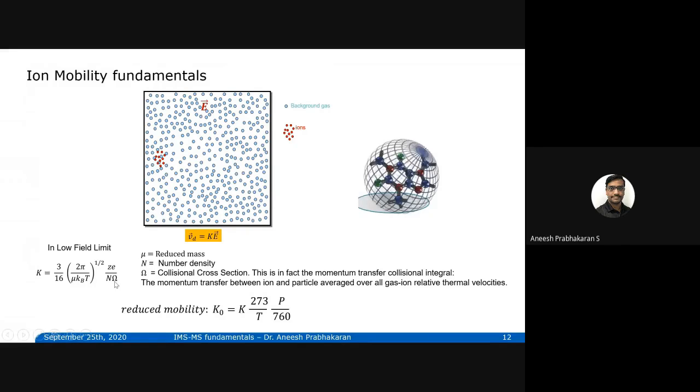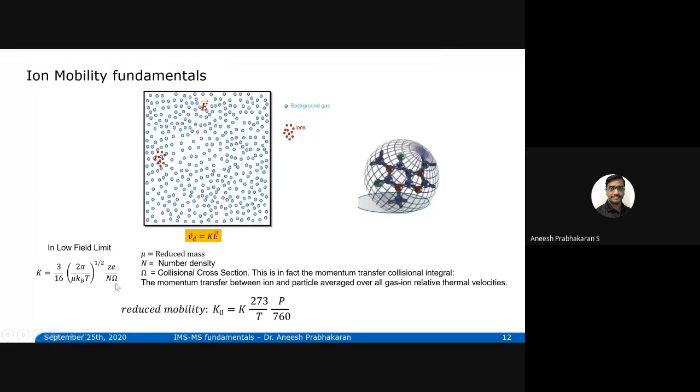But again, be very careful here. Omega is called collisional cross section, and in the ion mobility field we all call it collisional cross section, but it is not exactly collisional cross section. It is in fact the momentum transfer collisional integral. The momentum transfer between ions and particles averaged over all the gas-ion relative thermal velocities.